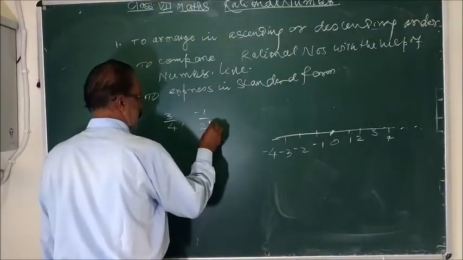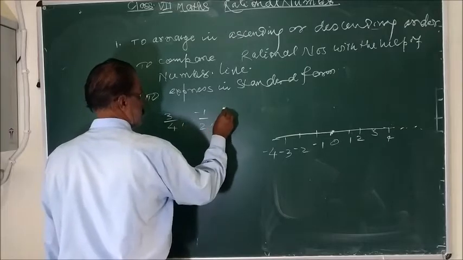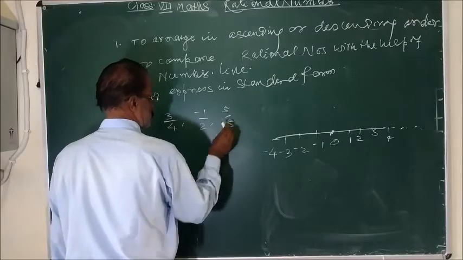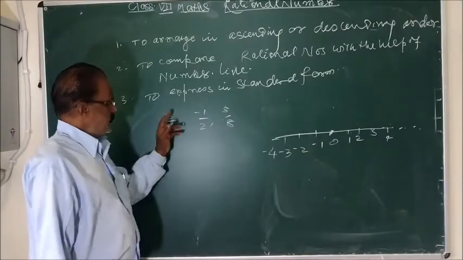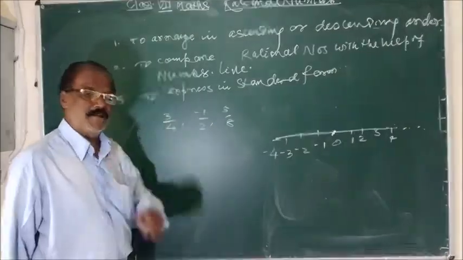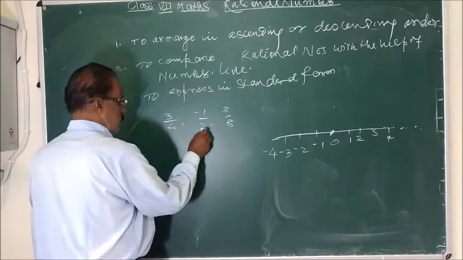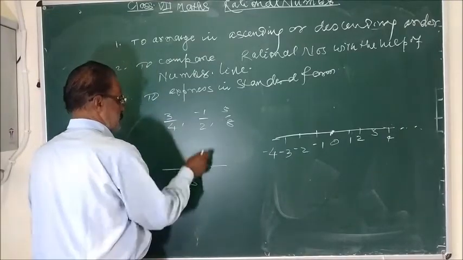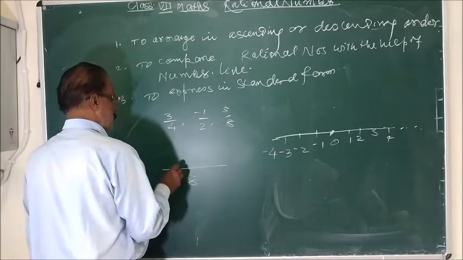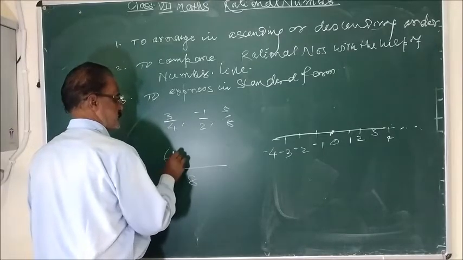Suppose these are the rational numbers, 3 by 4, minus 1 by 2, 5 by 8. Now first we convert into equivalent fractions. LCM of 4 and 8 will be 8. This LCM 8 divided by 4 is 2, 2 into 3, 6.